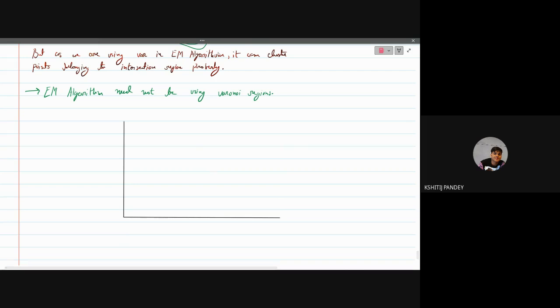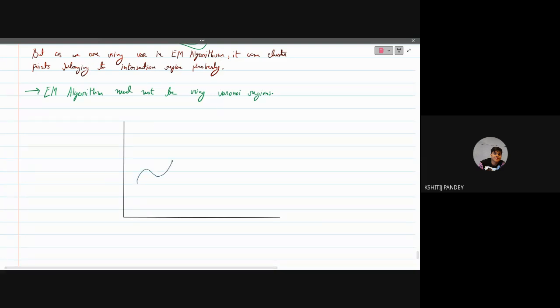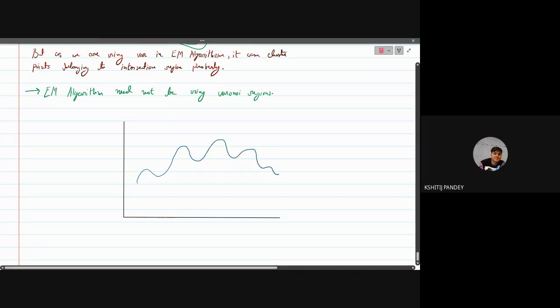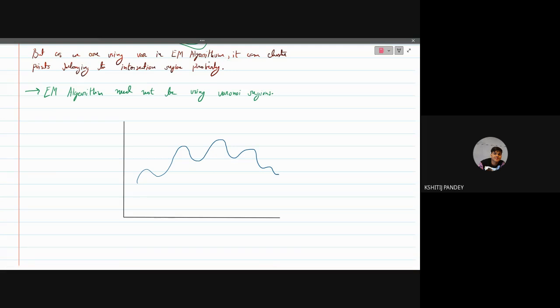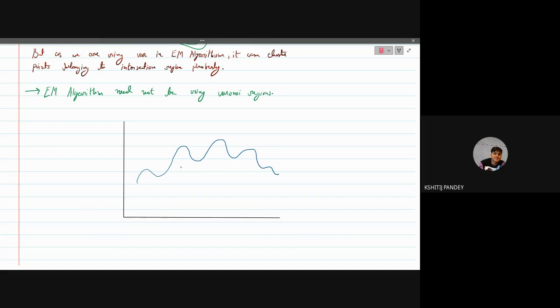So now let's say the graph of likelihood of GMM is like this. Your modified log likelihood is kind of using Jensen's, so it is the graph here in this entire thing. So it will be able to find the maximizer of this one.